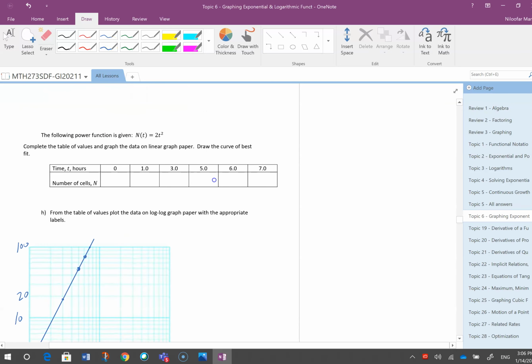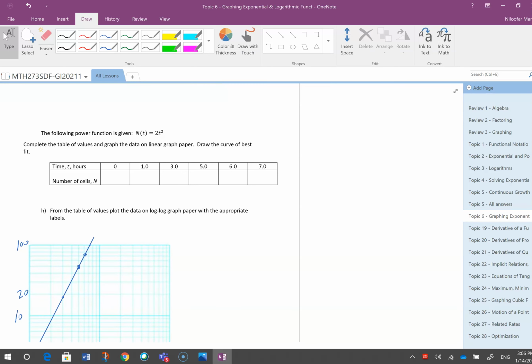Okay? So now, here, the same as the other, I have the equation, so I can fill the table. I can graph it on log paper. But then I want to show you, if you don't have the equation, how can you make the equation?